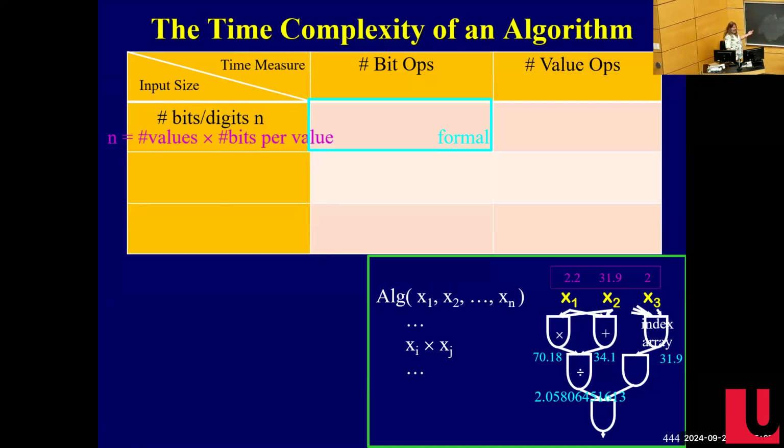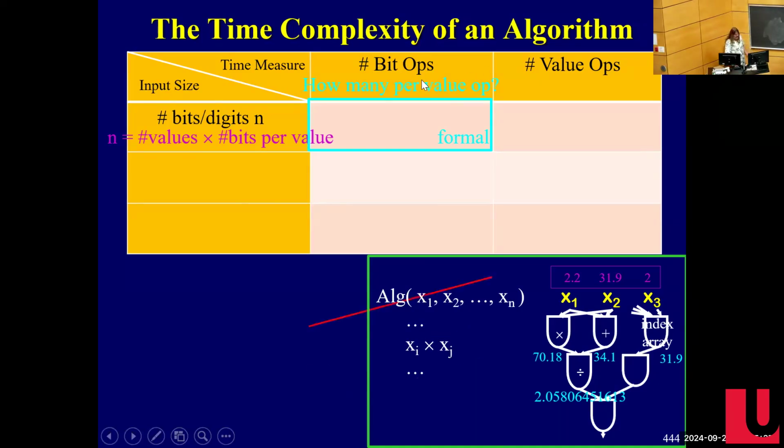And if you're looking at the time measure, well, if in your algorithm you do a multiplication, then you have to go in and say how many bits were those numbers and how much did it cost to do that multiplication in terms of bit operations, right? So that's a lot of work. It's a lot of work to compute the exact number of bits, and a lot of work to calculate the exact number of bit operations.